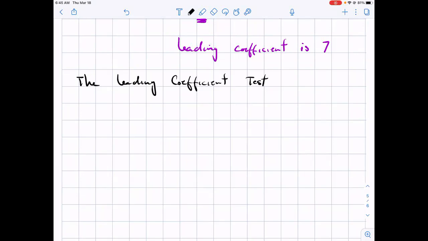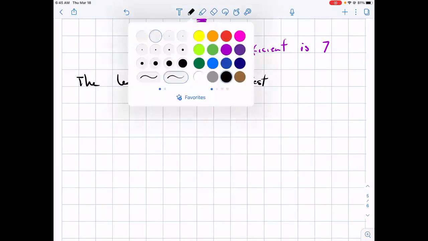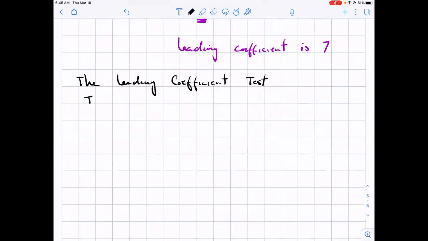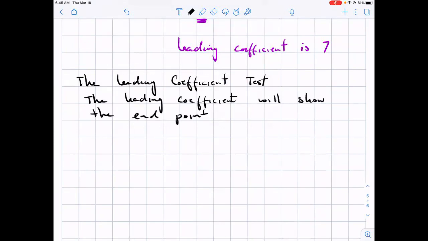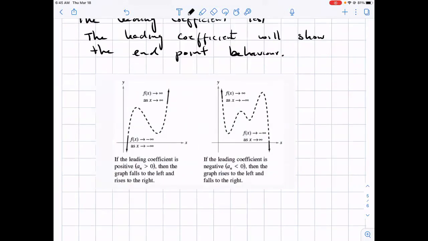So the leading coefficient will show the endpoint behavior. If you look at the picture here, when we talk about the endpoint behavior, we're talking about this part of the graph.